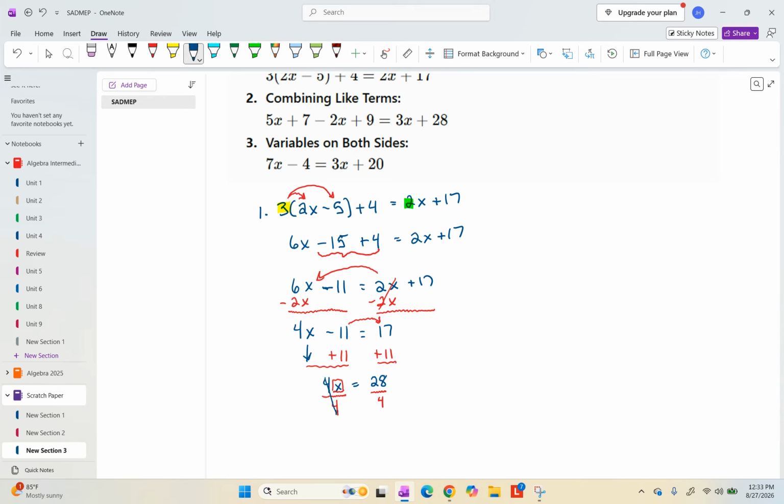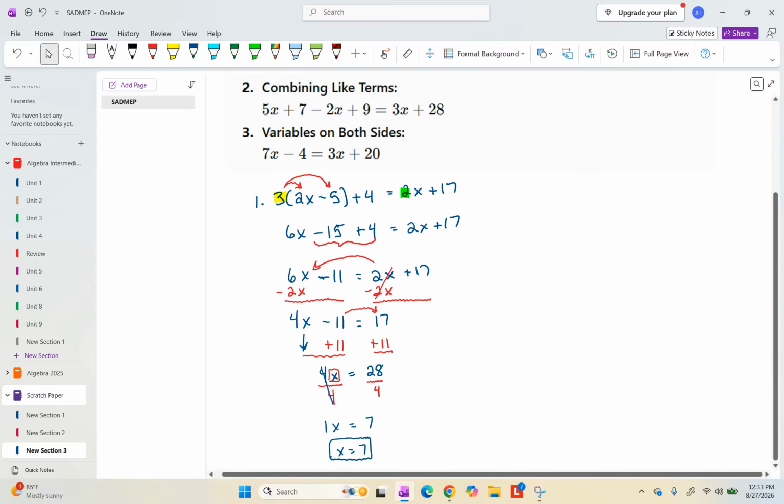That's going to cancel out the 4s on the left and leave me with just 1 box, right? 4 divided by 4 is 1. So 1 box, and then 28 divided by 4, I know my 4s, but if you don't, use your calculator. 28 divided by 4 is 7. So x equals 7.